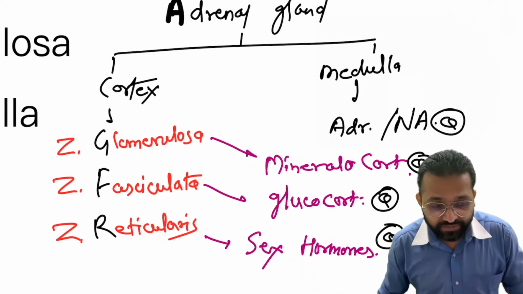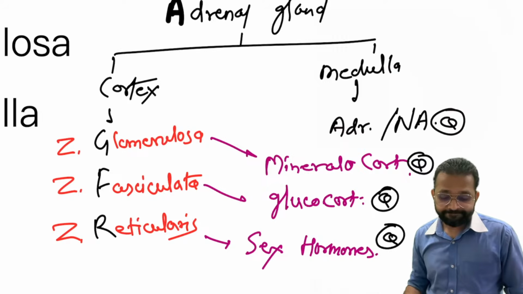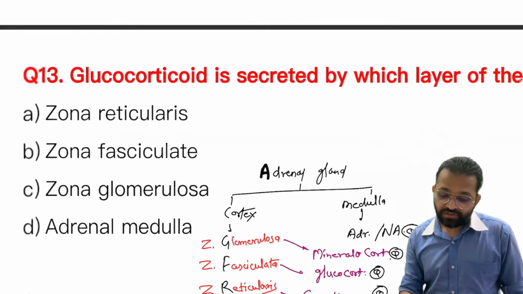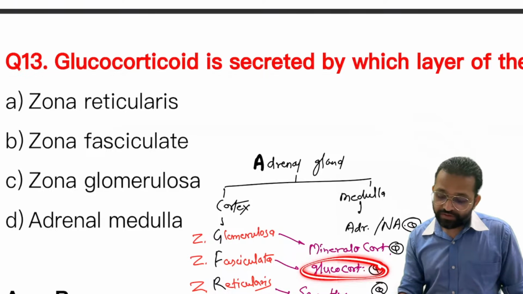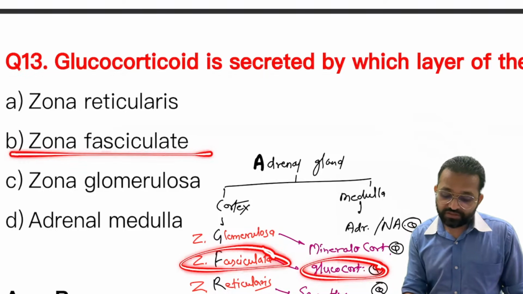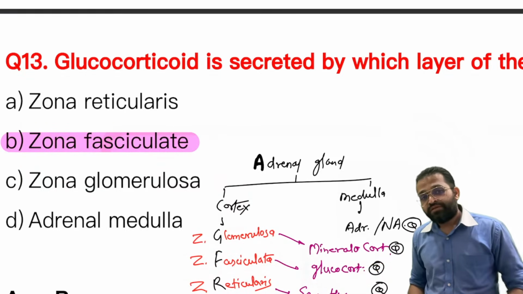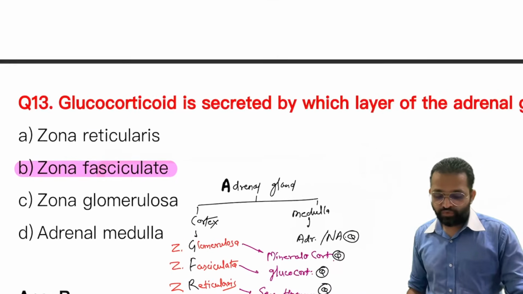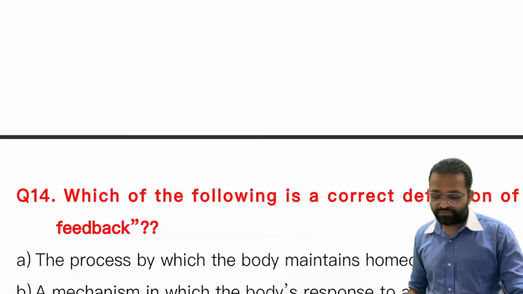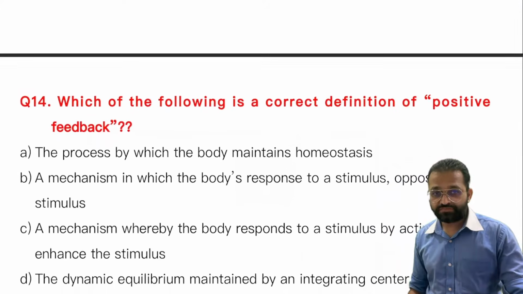These are the different MCQs. Is it okay? So here, they are asking about the glucocorticoid, which is secreted by the fasciculata. So the answer is B. Agree, everybody? Moving to the next question. Look, yes, again, a physiology question.